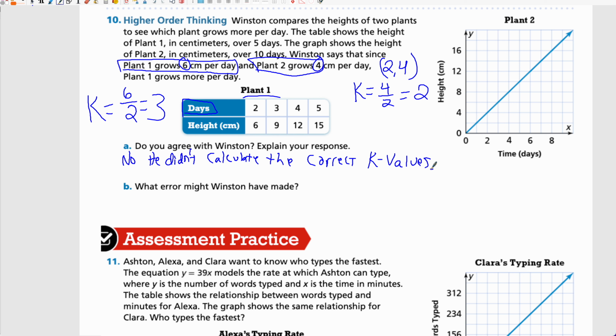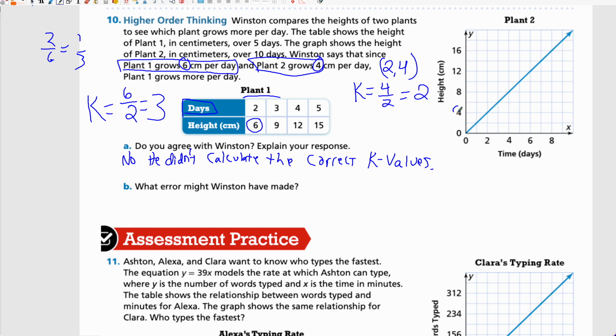What did he do wrong? Can we know for sure what he did wrong? He put time on top. No, if he did 2 over 6, that would just be 1/3. So he didn't do that, I don't think. He just didn't divide. He just took the height of the first day. Same thing with this one.